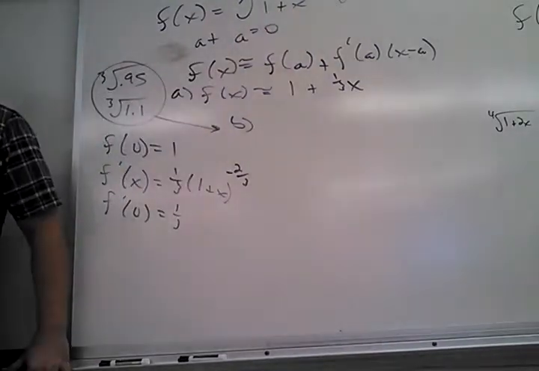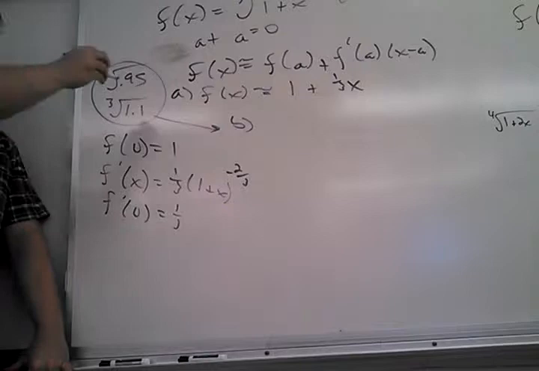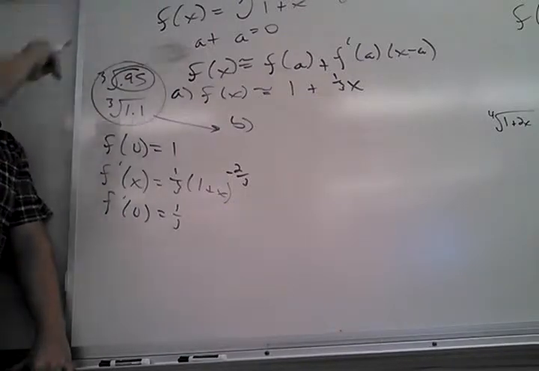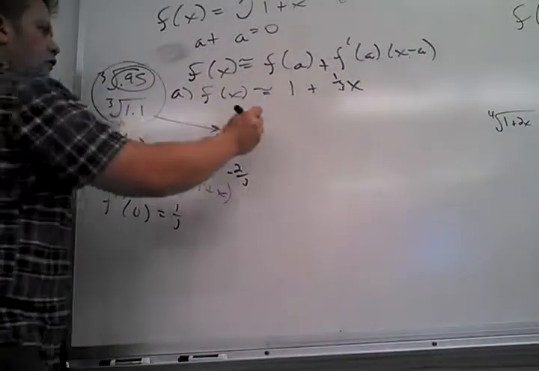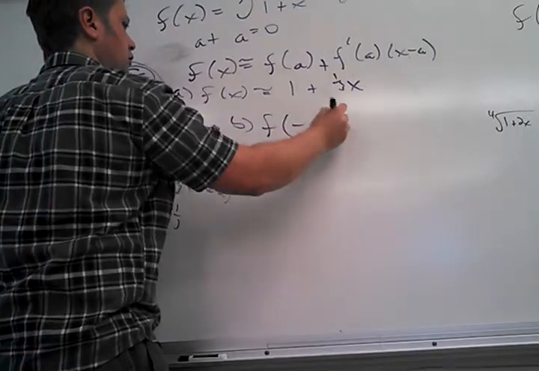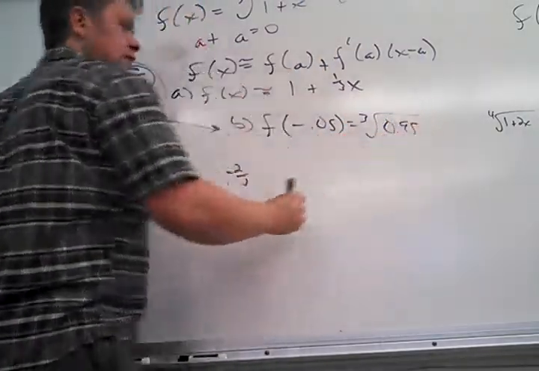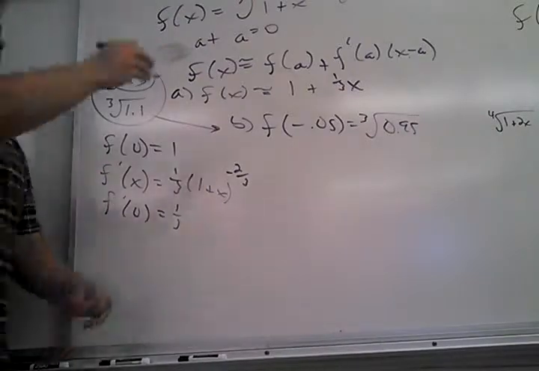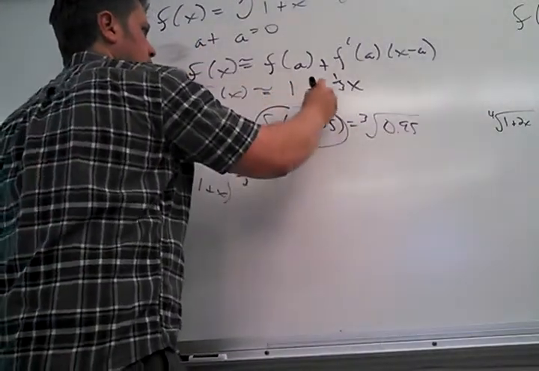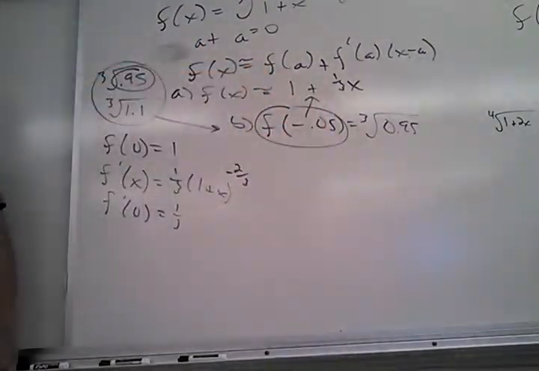So you have to figure out what you would make x so that you get 0.95 inside. So f of negative 0.05 would be the cube root of 0.95. Is that cool? Now you can use this approximation to figure out what that is. You guys see what I'm saying? That's the part that we didn't see the other day.